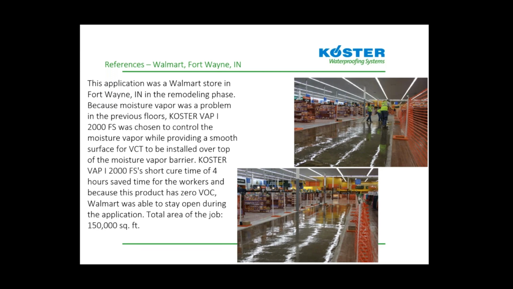The shortened cure time of only 4 hours, first of all, saved time for the construction project, and because the product has 0 VOC, areas of the store could stay open during application and installation. So this is a project that was about 150,000 square feet in different phases, but the shortened reaction curing time and the 0 VOCs in the product allowed for minimum disruption to the store during the installation.